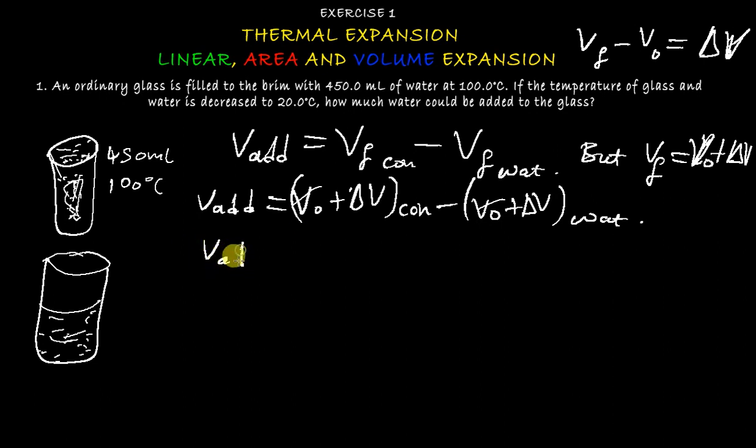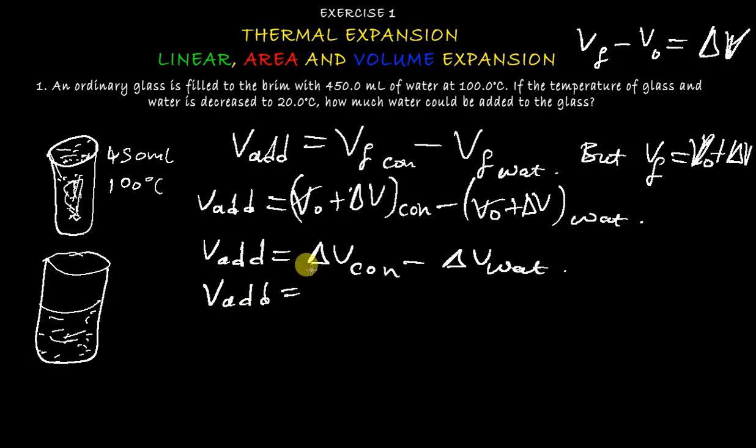So we just remain with the volume of water added will just be equal to the change in volume of the container minus the change in volume of water. We know that the change in volume of any given substance is given by beta V naught change in temperature.